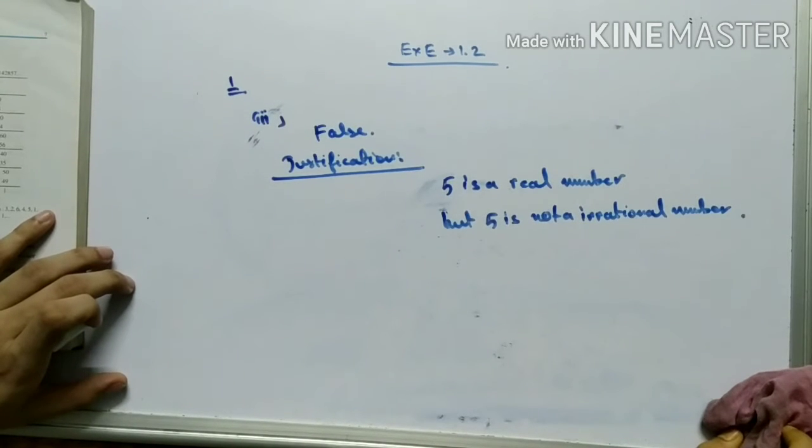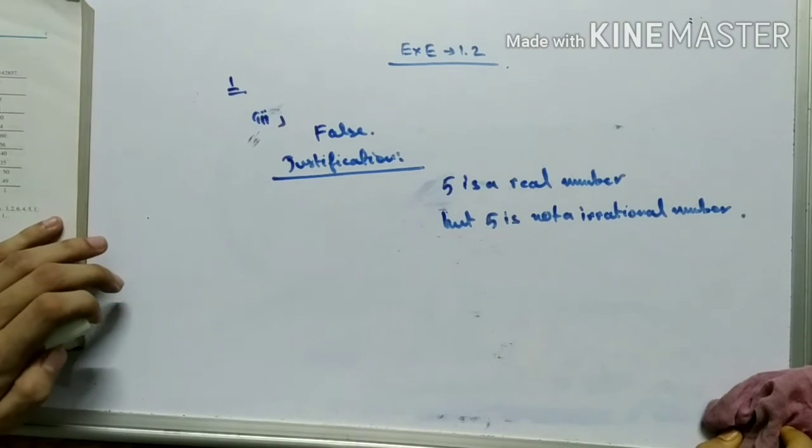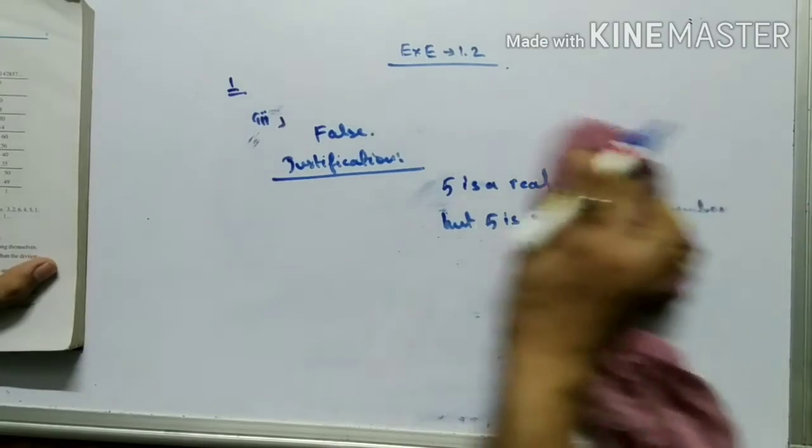Are the square roots of all positive integers irrational? If not, give an example of the square root of a number that is a rational number.